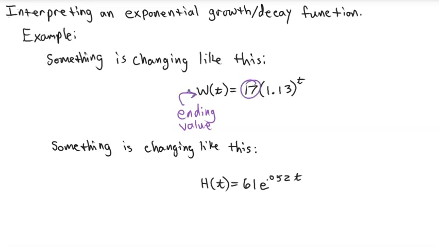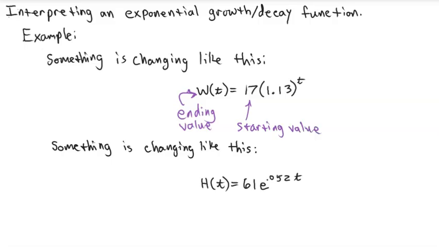And then the number that you see at the very beginning, which we are calling P naught or P sub 0, is sometimes called A, okay? But what you see at the beginning there is usually the starting or initial value.